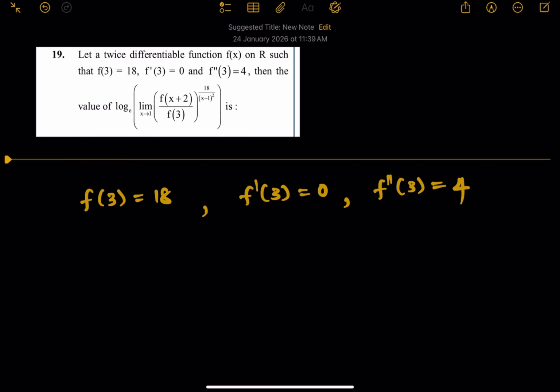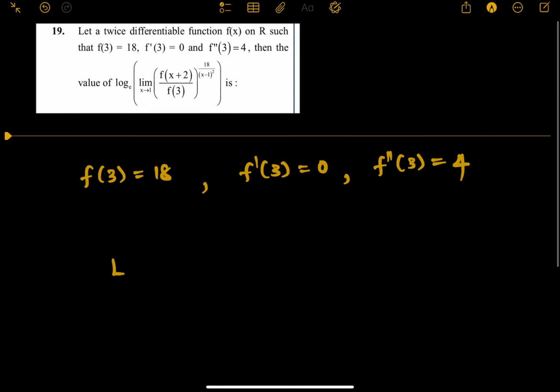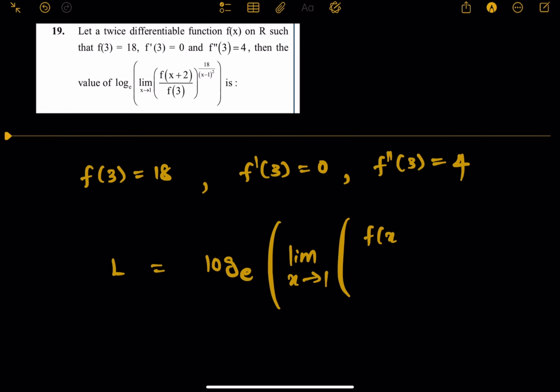Now you have to evaluate this limit. This limit looks really scary, but these questions turn out to be really simple. You should not get scared to attempt these kinds of questions in your exam. All right, so let us go ahead and solve this.